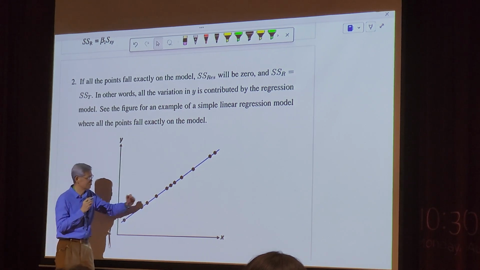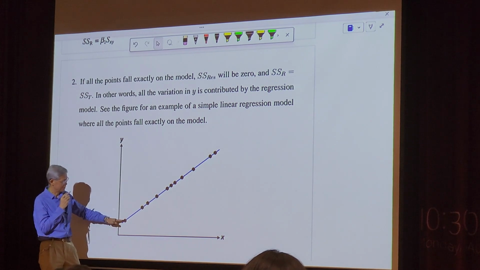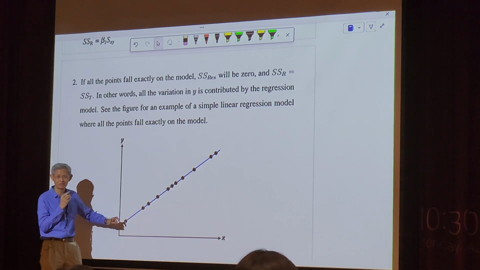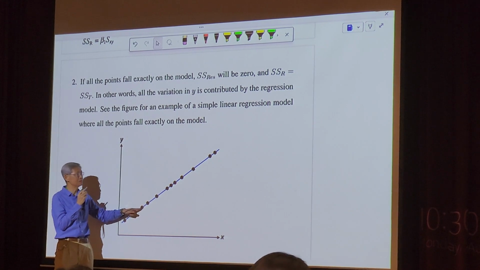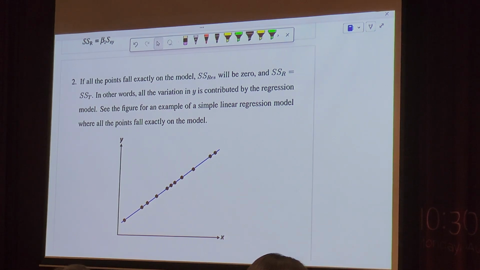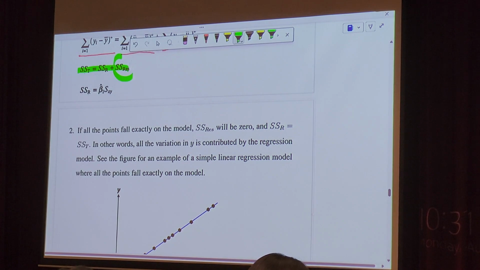They all fall on a straight line. So what is the residue for this point? yi is here, yi hat is here, so it's 0. So what's the residue here? 0. So the sum of square of residue is 0.